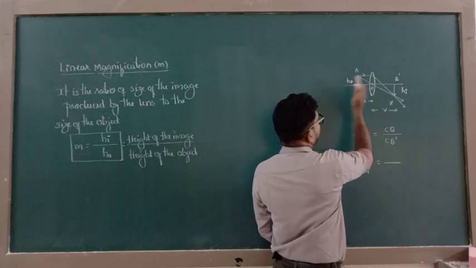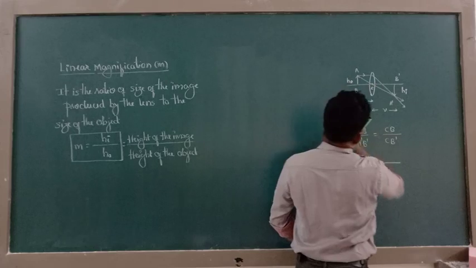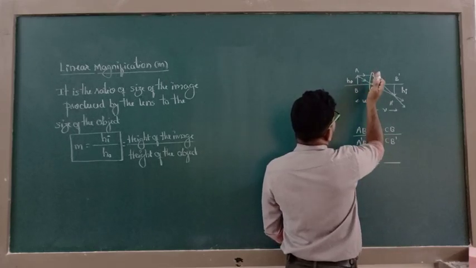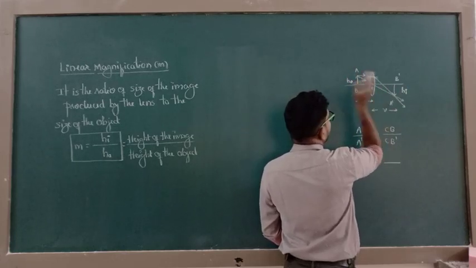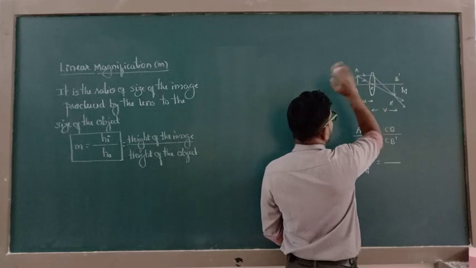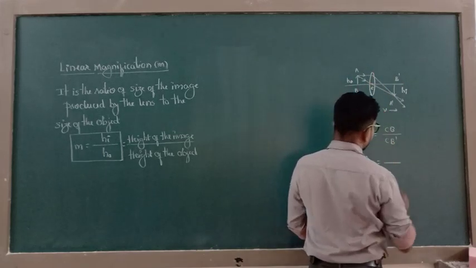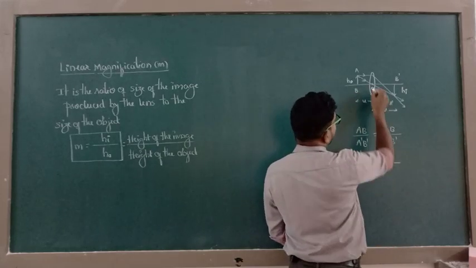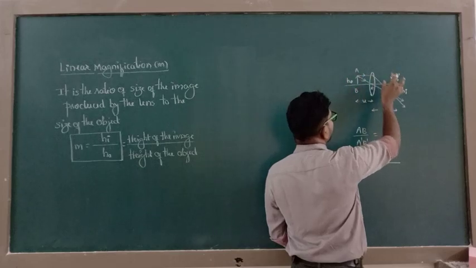This measurement CB is the object distance, all distances measured from the optical center along the principal axis. But the direction of this measurement is right to left, while the direction of incident light is left to right. Therefore, CB is negative, minus U. CB dash, this measurement is in the direction of incident light, left to right.